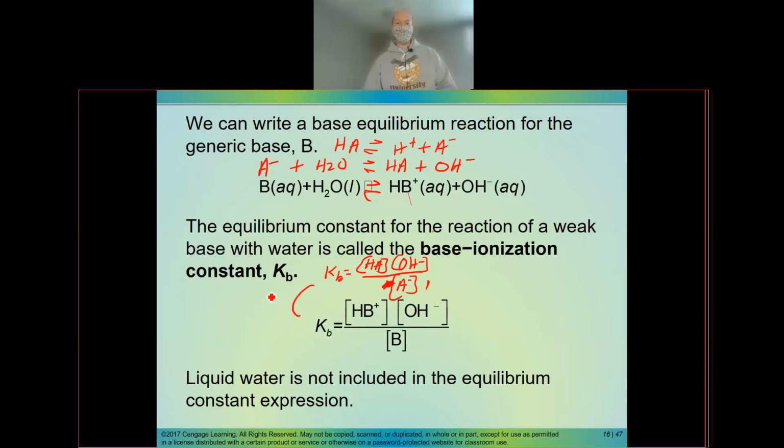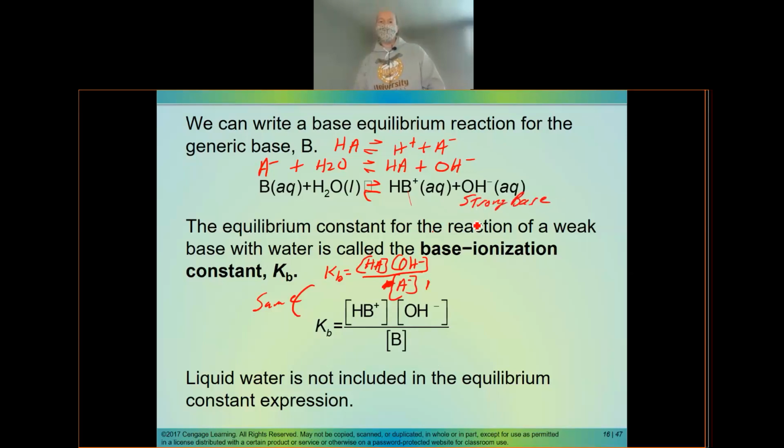It's like using a variable X instead of a variable Y. I'm using A minus instead of B. It is the way that I like to do it, and I will always do it that way. Again, liquid water not included. Of course, the other generic, if you like the way the book does it and uses B, H2O, HB plus, that is exactly the same thing. All right, so what we do know is that OH minus is a strong base.